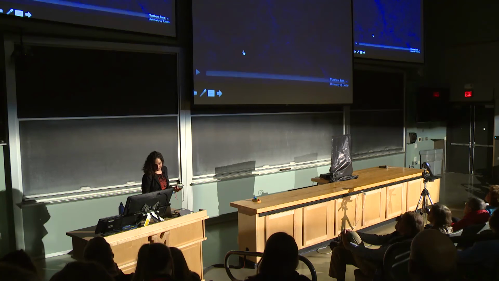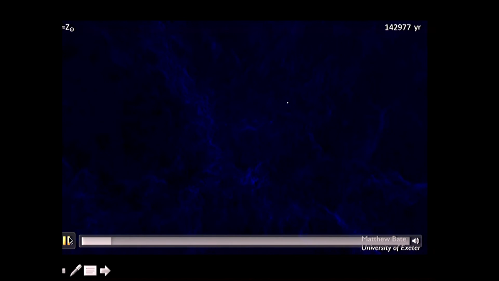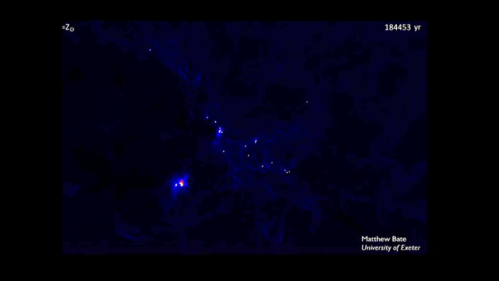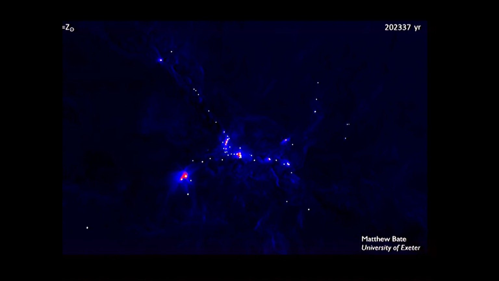It might be easier to see how much the stars get moved around by looking at the same version of the simulation that just shows the stars. So in this case, it's going to look dark for a while because the gas is moving around, but we don't have that many stars. But you'll see them start popping out here. And you'll see them sort of, some of them circle around each other and some of them go flying off. Some of them sort of cluster close together and do enough to heat up the gas that we could see the gas, even though that's not the rendering we're looking at.